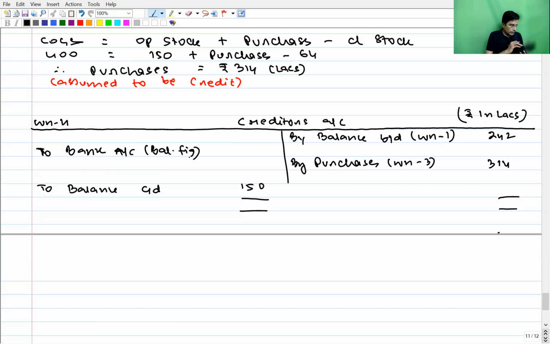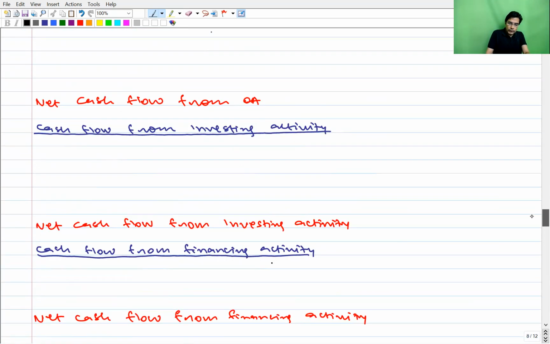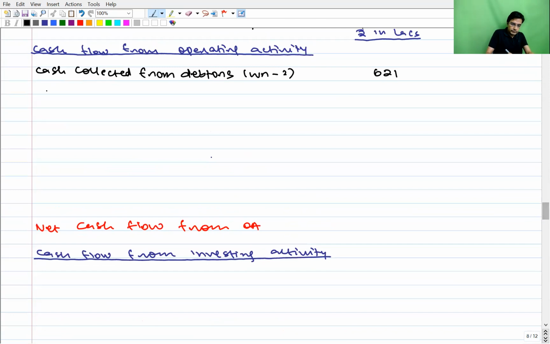Balancing. 242 plus 314 minus 150, 406. This payment to creditors, we will put it in the cash flow from operating activity.